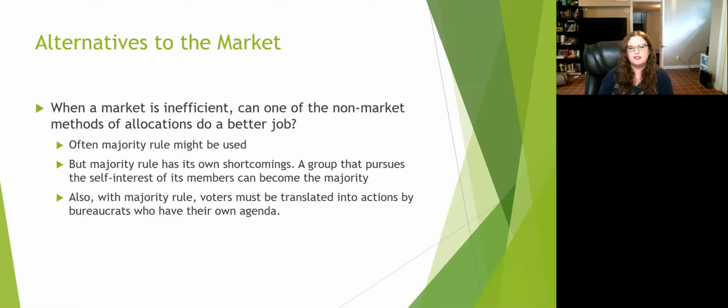A group that pursues self-interest of its members can become a majority, but that doesn't necessarily mean that it represents everyone. I mean, we see that with voting all the time, right? A majority of people might get what they want, but that doesn't mean it represents everyone's thoughts and feelings. So voters must be translated into actions by bureaucrats.